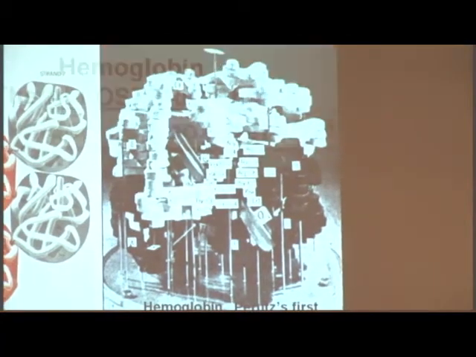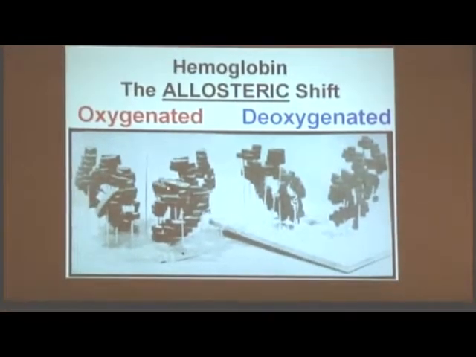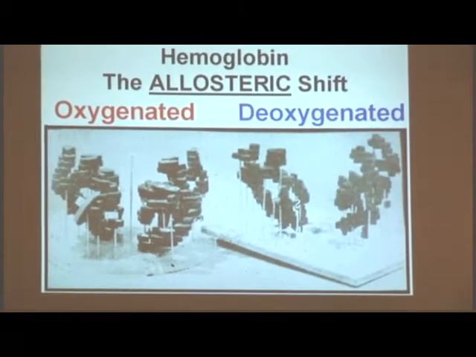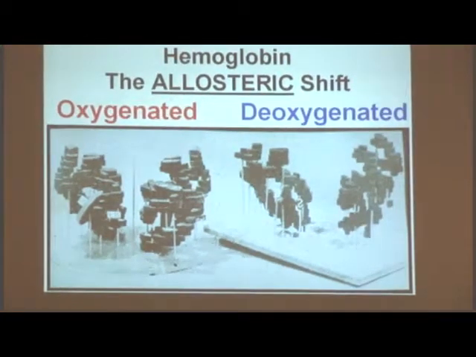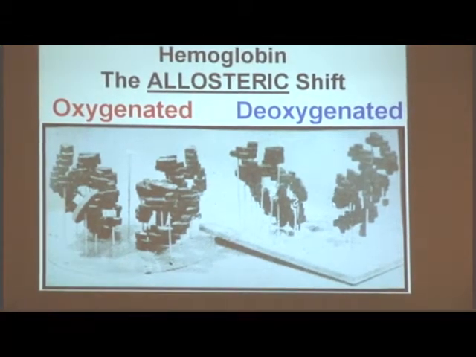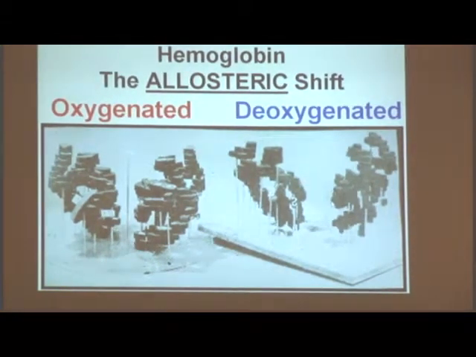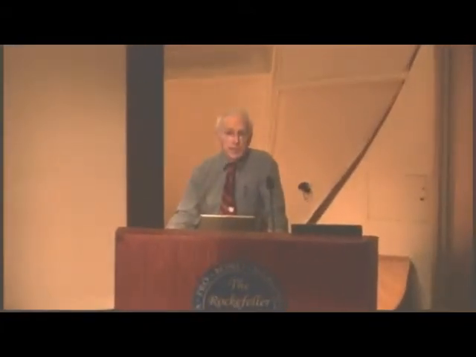But the interesting thing is that the beta chains, when you oxygenate and deoxygenate, change their position. They're close together in oxygenated hemoglobin, and they're far apart in deoxygenated hemoglobin. And it turns out that that shift, that isomerization, which means change in structure, is responsible for the way oxygen is bound to hemoglobin and makes mammalian life possible.